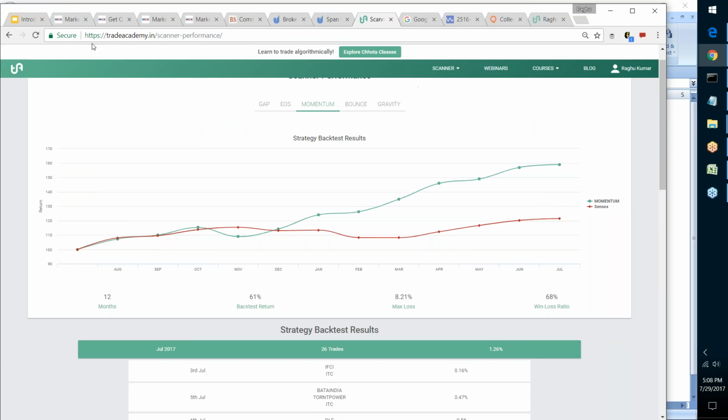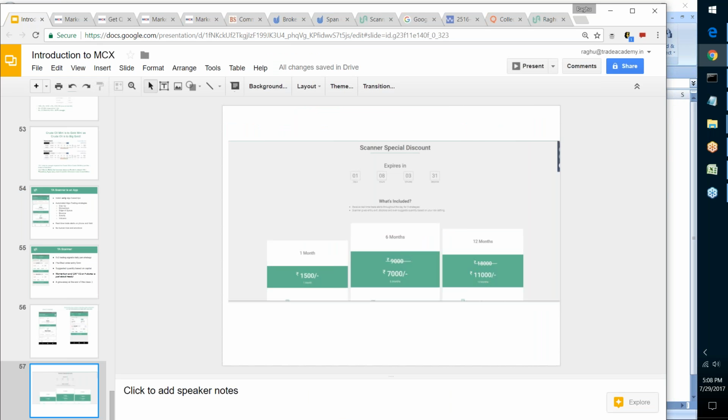And for those of you that don't have Scanner, you get the trade alert right on your phone. As long as you have an Android phone, you can install the Trade Academy Android app, and you get the trade alert right on your phone. In 15 seconds, you can connect to Upstox, and it makes your life very easy. So Karthi, it's very simple. I think you're asking how Scanner works.